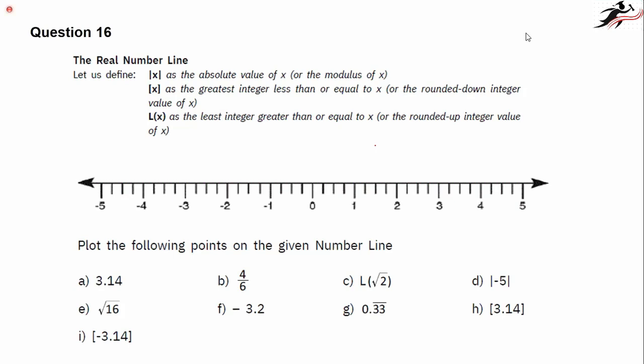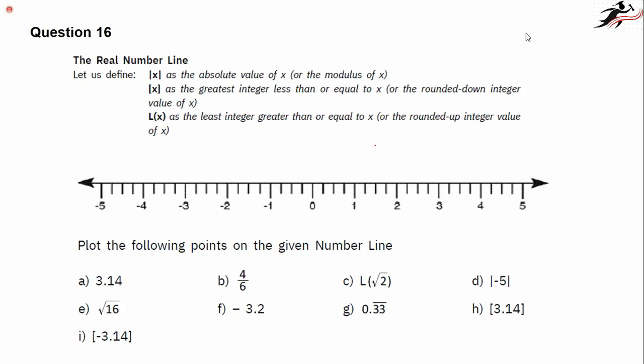Because root 2 is 1.41, and its least integer is 2, correct. Mod of minus 5. Suryank, we will get that in the third chapter. Mod of minus 5 will be plus 5.